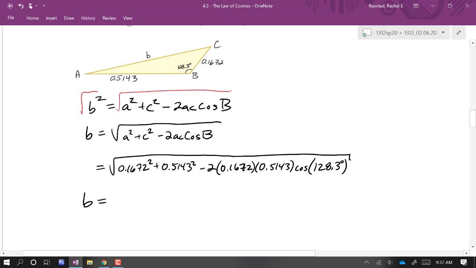And then we just want to be careful about how we're plugging everything in.